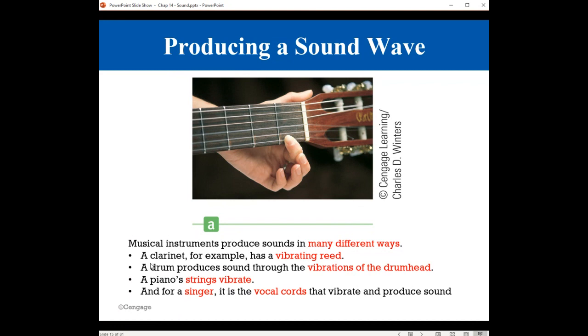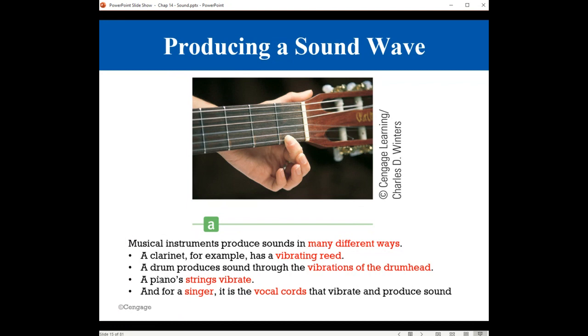For musical instruments, sound waves are created in several ways. For guitar, for violin, it is by the oscillation of the strings. For clarinet, by a vibrating reed.